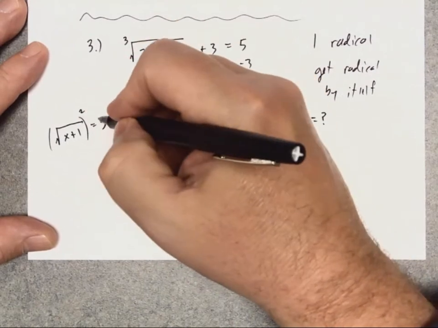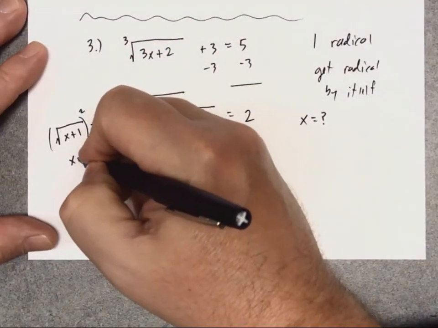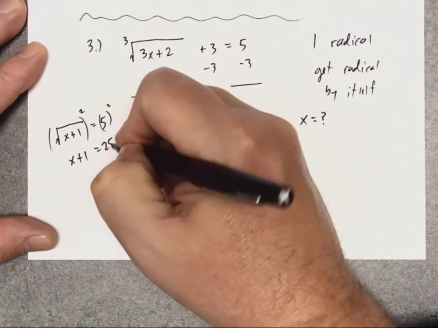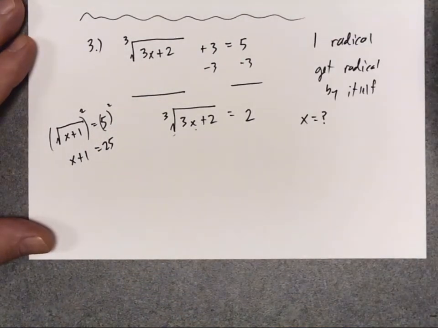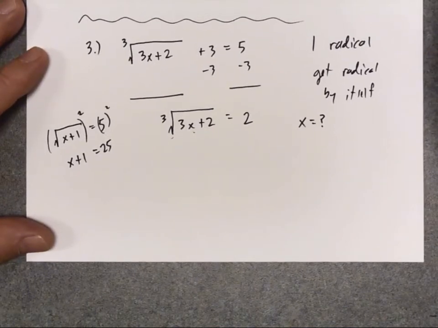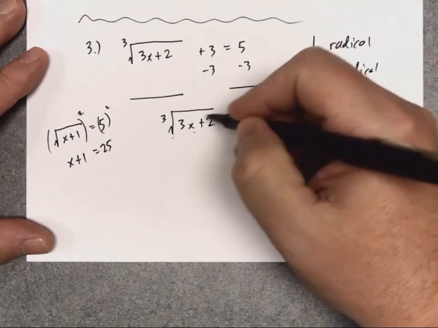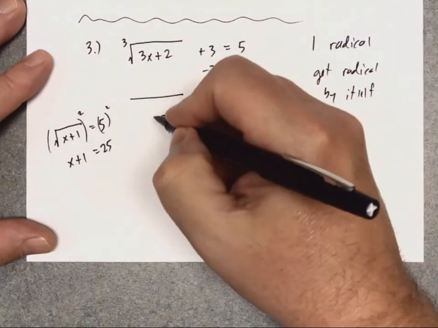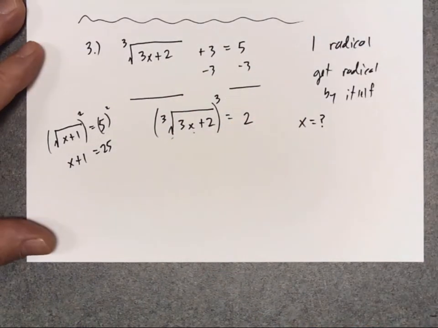If I square one side, I also have to square the other side. So then you would have this. Here, however, we have a cube root. We don't work with cube roots as much, but the same principle applies. I want to get rid of, or cancel out, a cube root. So what do you do? In this case, you actually cube it.